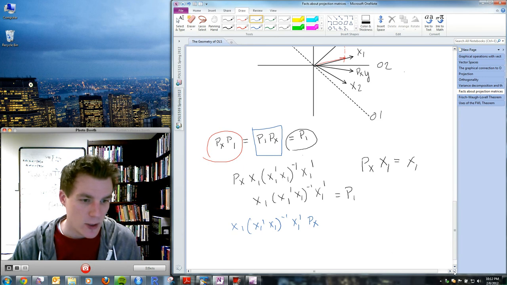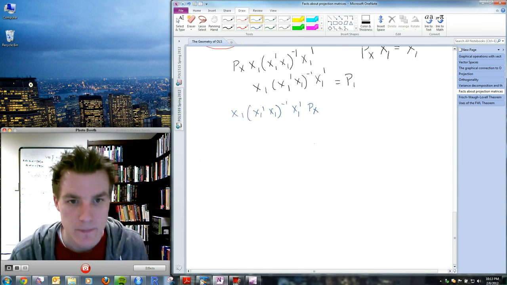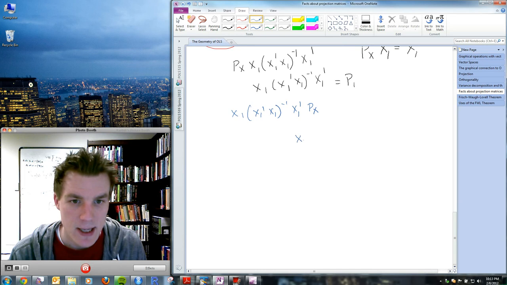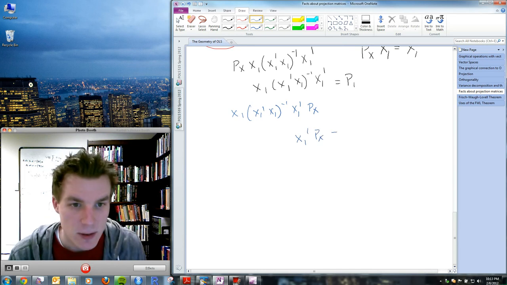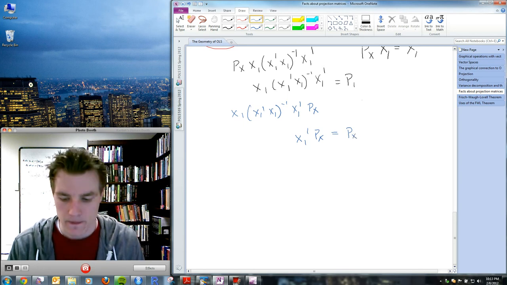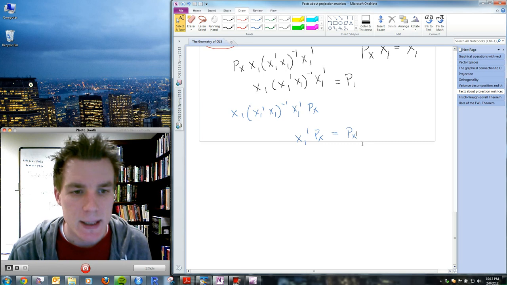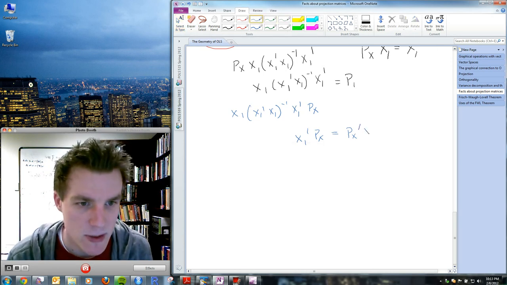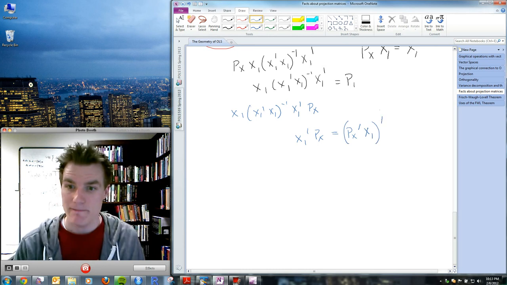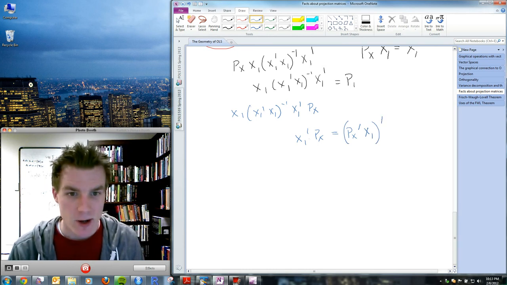Then what I want to know is, what is x1 transpose Px? By the rules of transposition, that's (Px transpose x1) quantity transpose. I haven't done anything wrong there.